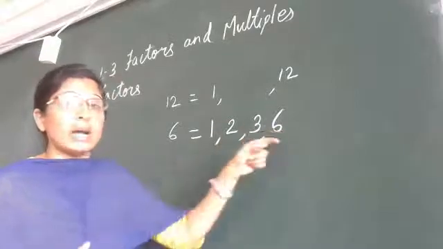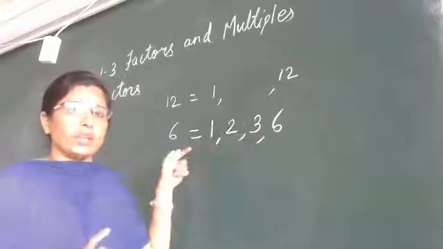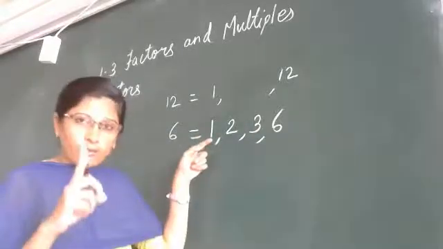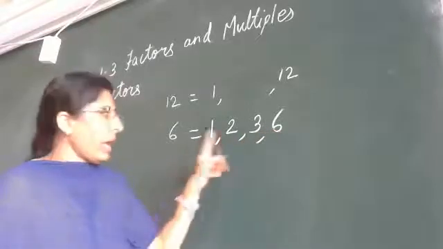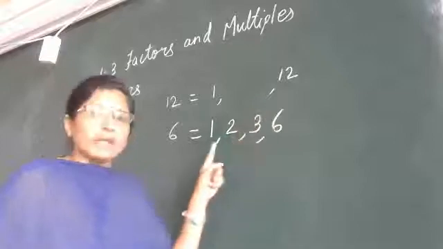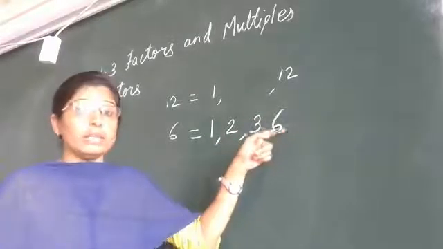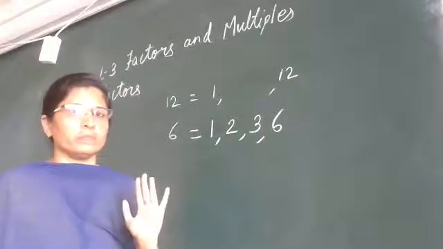The number itself is the greatest factor. Last, the number itself should come. Whenever you are writing factors, always you should start from 1 and ending should be the same number. And in the middle, all the factors are less than the number. Okay, these are the properties. Understood all the properties?